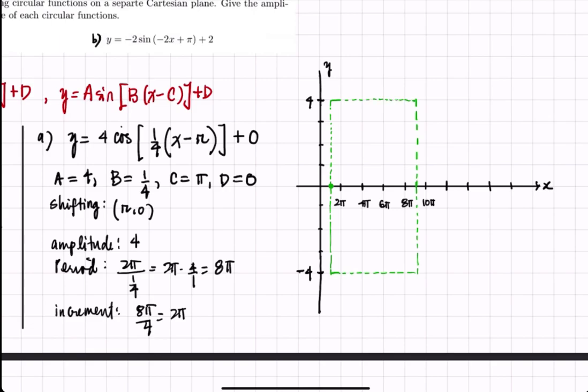Okay? So, once you have your rectangle, you divide your rectangle into 4 equal parts vertically. So, you start at the center. And then you divide it again by 2.